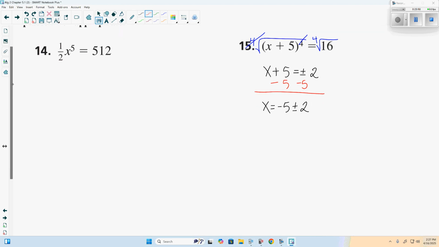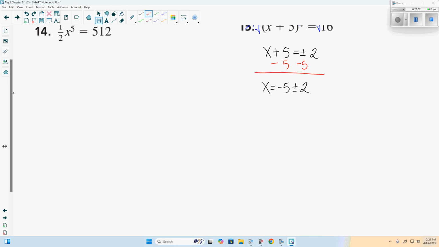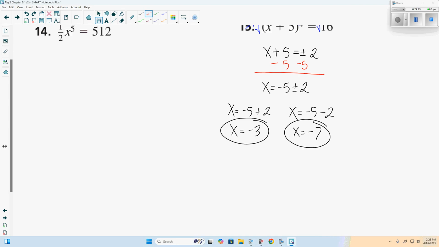And in all the problems we've done up to this point, we've said this is the end, yes? Can I take negative 5 plus 2? Yeah. I can actually figure out that negative 5 plus 2, well, that is negative 3. And negative 5 minus 2 is negative 7.